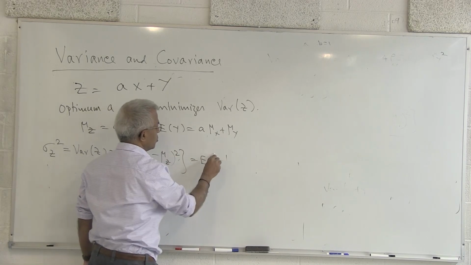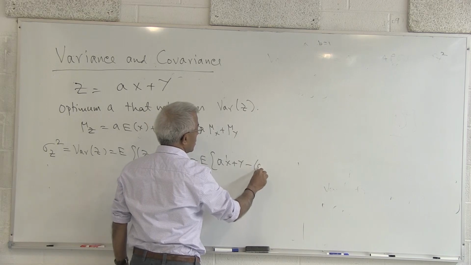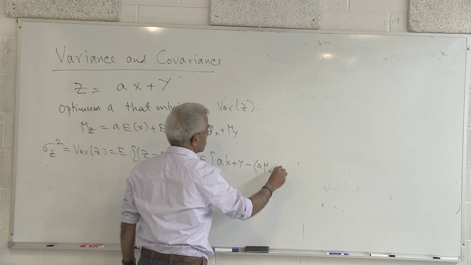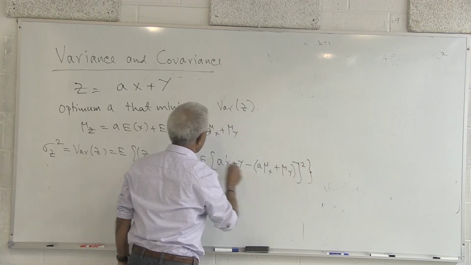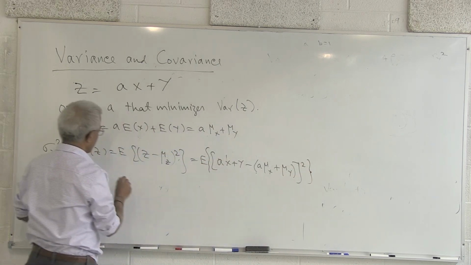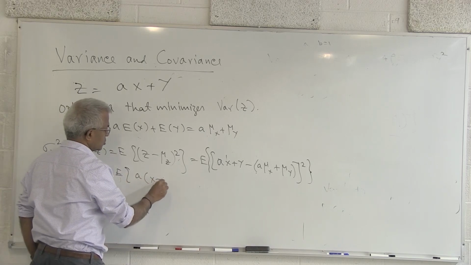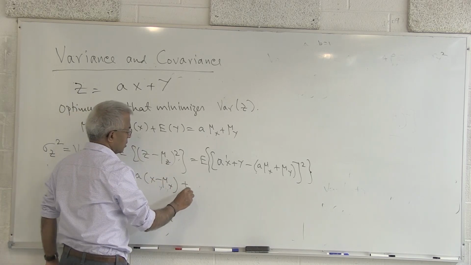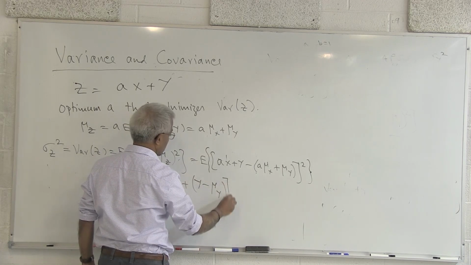But z is given to be ax plus y, minus a mu x plus mu y. So we can collect the a terms together as before. So this is a times x minus mu x plus y minus mu y, the whole squared.